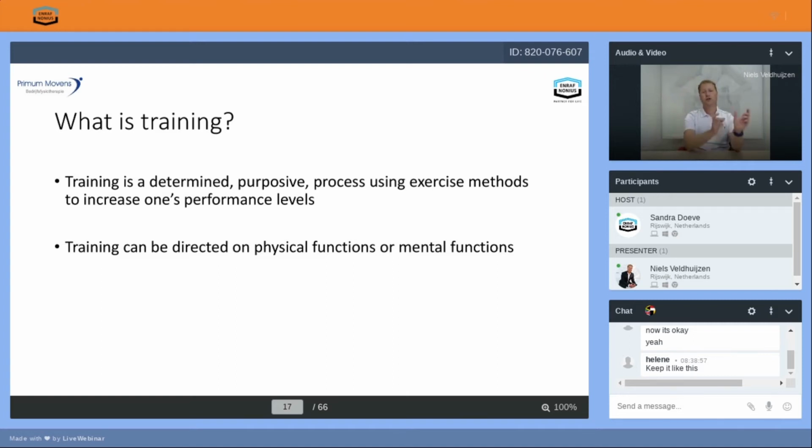So it's not only focusing on physical functions, but it also has positive mental effects as well. You should not underestimate that.